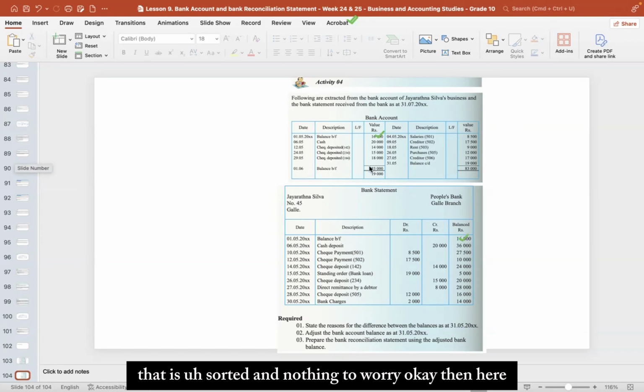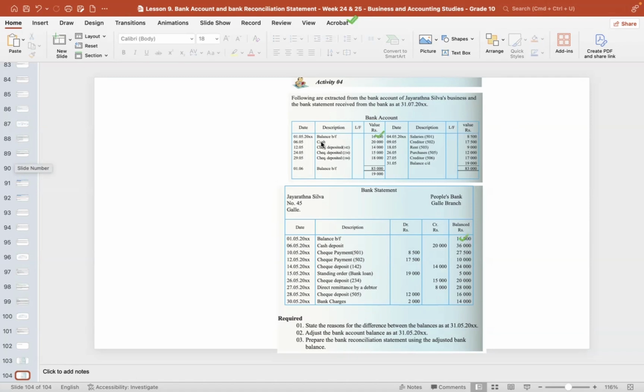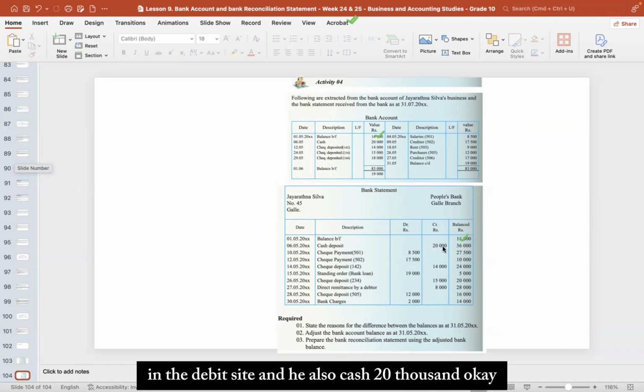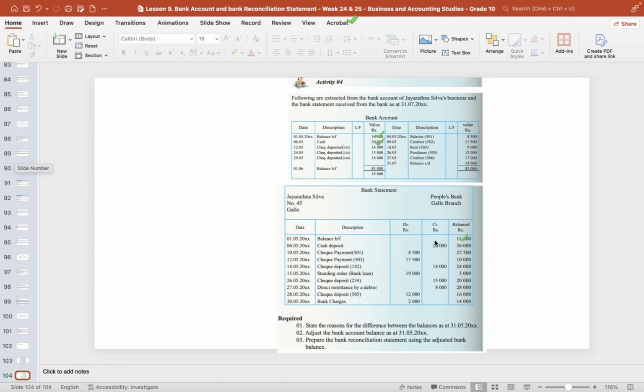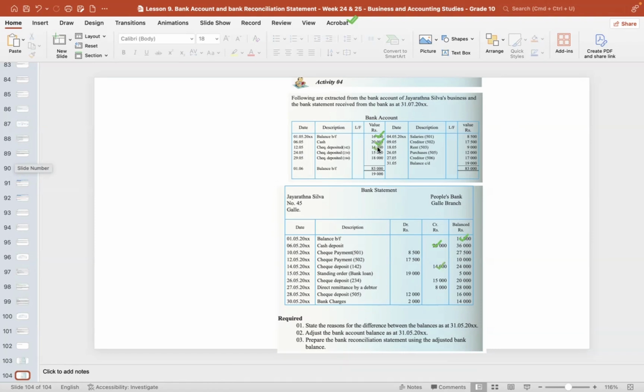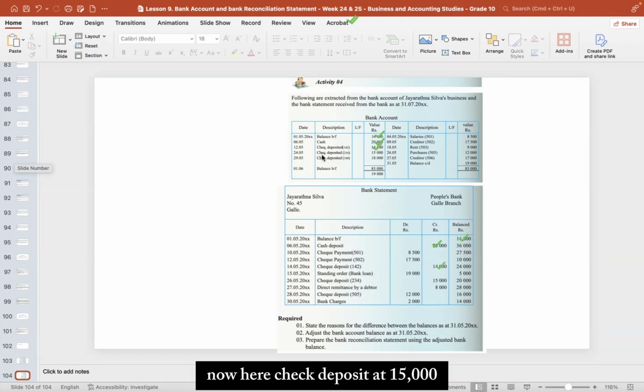Then here you have cash 20,000 in the debit side, and here also cash 20,000. Then here cheque deposited 14,000, cheque deposited 14,000, it's there. Now here cheque deposited 15,000, cheque deposited 15,000, it's there.